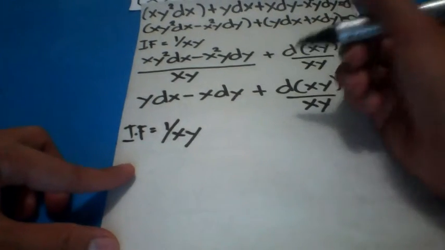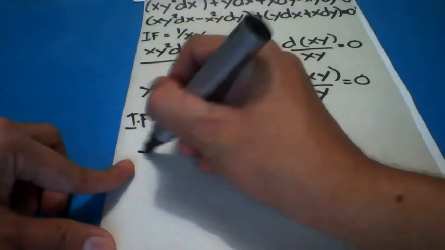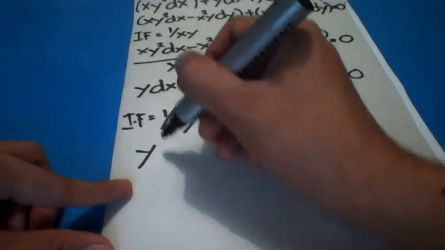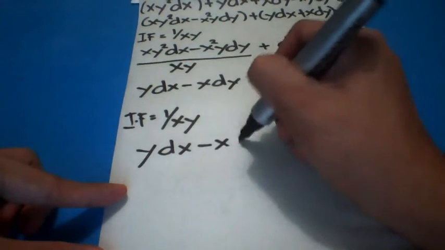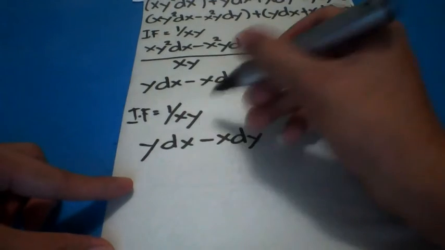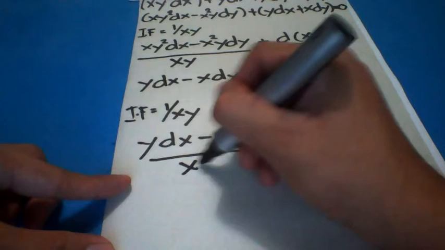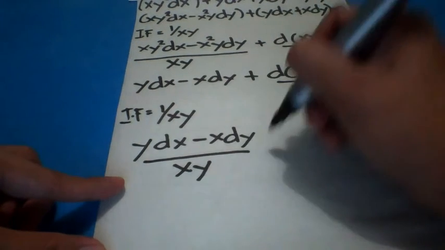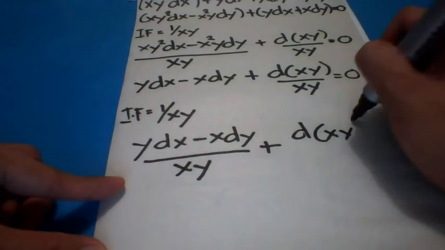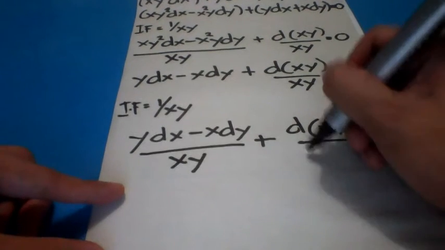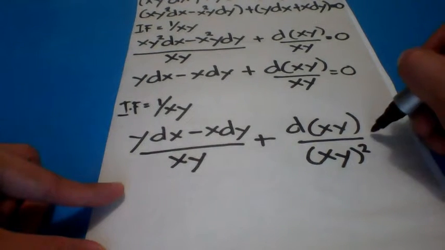So I have here y dx minus x dy over xy plus d(xy) over xy² equal to 0.